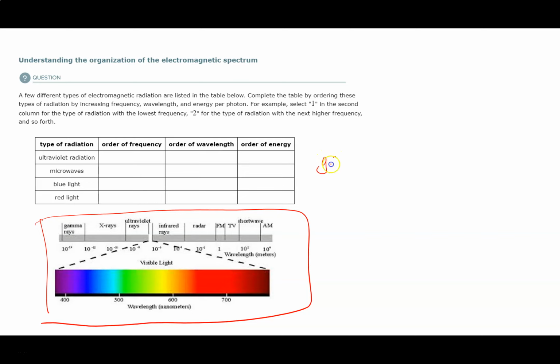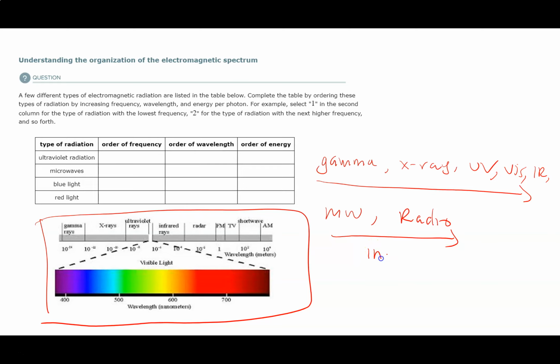It goes gamma, just in the simplified version, X-ray, UV, visible, infrared, microwave, radio, and that way is increasing wavelength but decreasing energy and frequency. So if you remember that, you're okay.